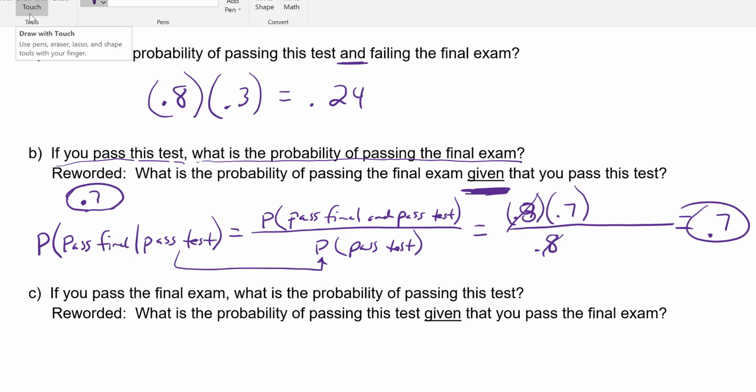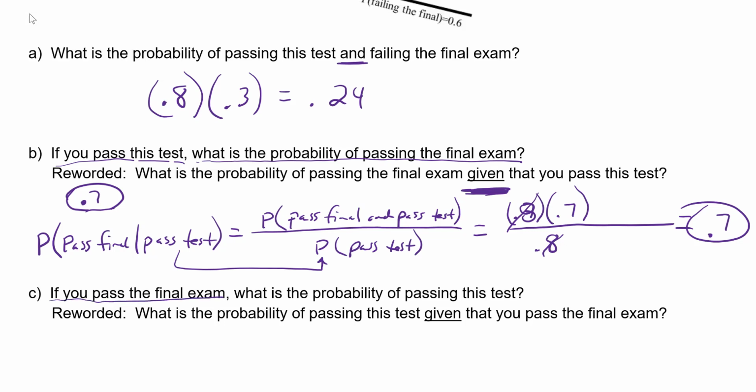So this is the opposite of the one above it. The other one said if you pass the test, what's the probability of passing the final? Now it says, you passed the final, what's the probability of passing the test? So do you guys agree this is given? What's the probability of passing the test given that you pass the final?